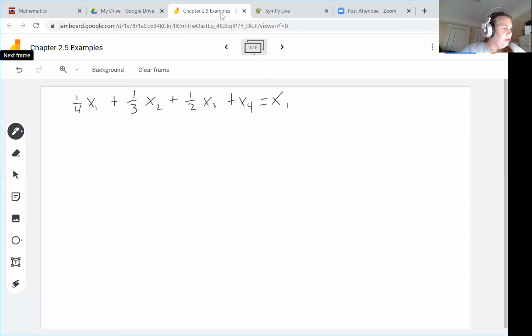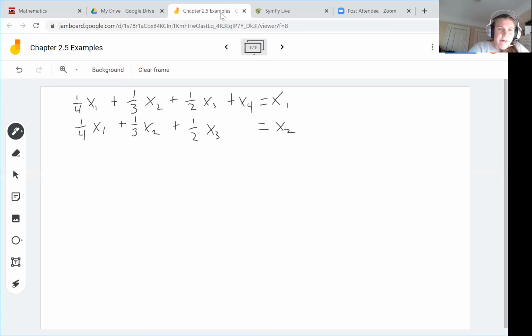Our second equation in our linear system will be 1/4 x1 plus 1/3 x2 plus 1/2 x3 all equals x2.